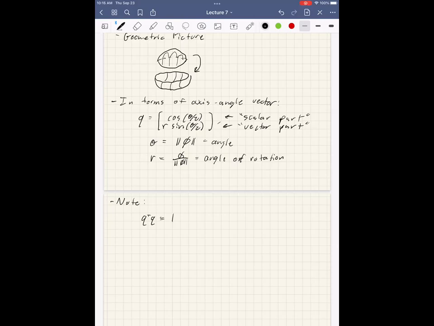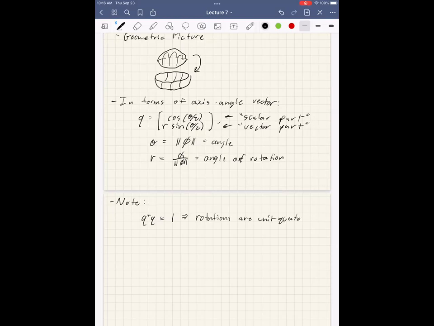So these are always unit 4D vectors. We call these unit quaternions. So you can have non-unit quaternions, but they're not rotations. Unit quaternions correspond to rotations. Non-unit quaternions correspond to a rotation plus a stretch. So they're a different thing, right? So that's important.